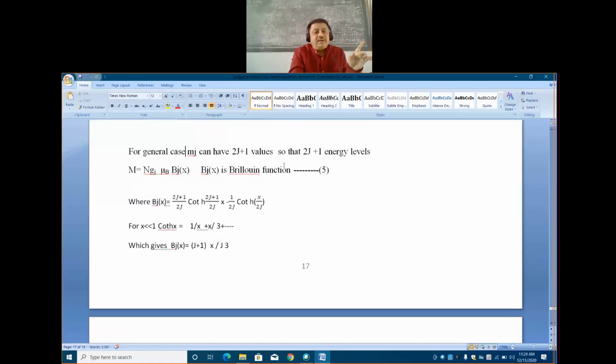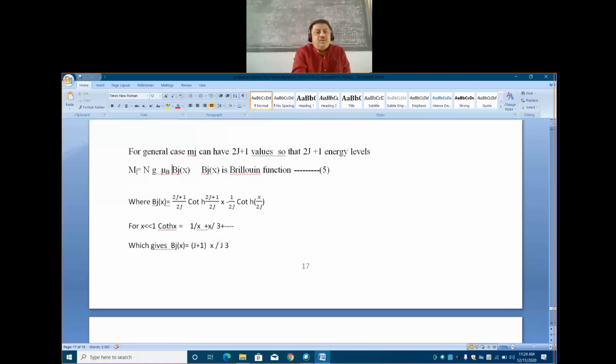In that case, the magnetization expression becomes M equal to N, that is total number of atoms, g, Landé g factor, mu B, that is the magnetic moment, mu is equal to mu B, that is Bohr magneton, into a special function, that is Bj of x. So this Bj(x) is called a Brillouin function. This is a new function we are introducing here, this Brillouin function Bj(x).